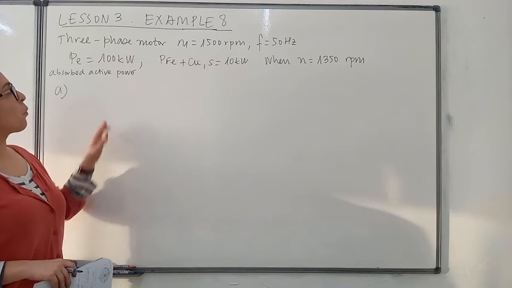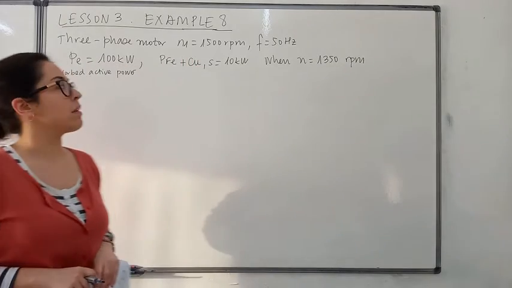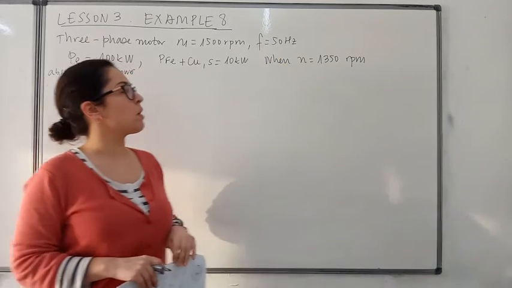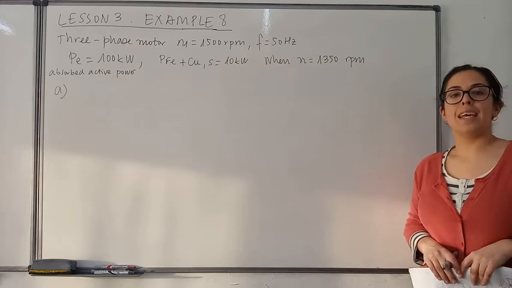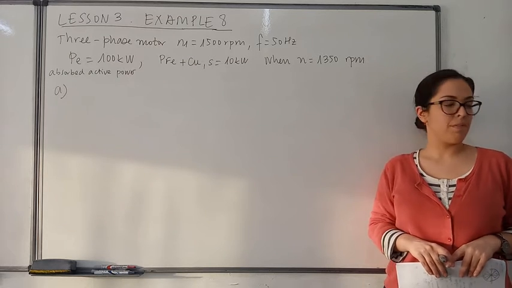In this example, we have a three-phase motor whose synchronous speed is 1,500 revolutions per minute, and the motor is working at a frequency of 50 Hz. So, in the first question, they ask the active power coupled from the stator to the rotor.